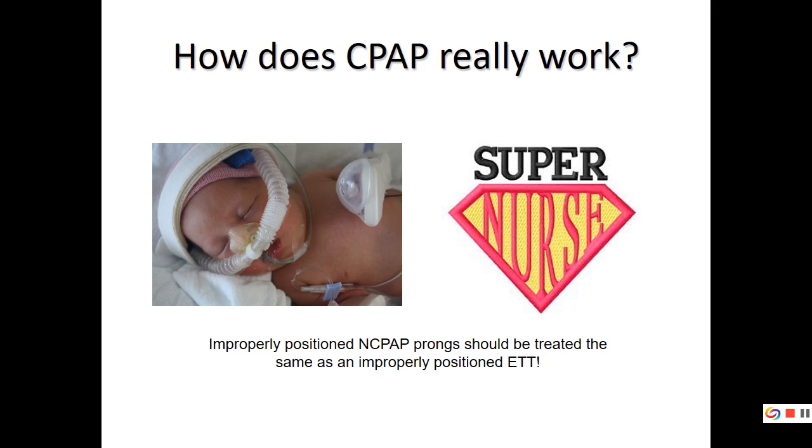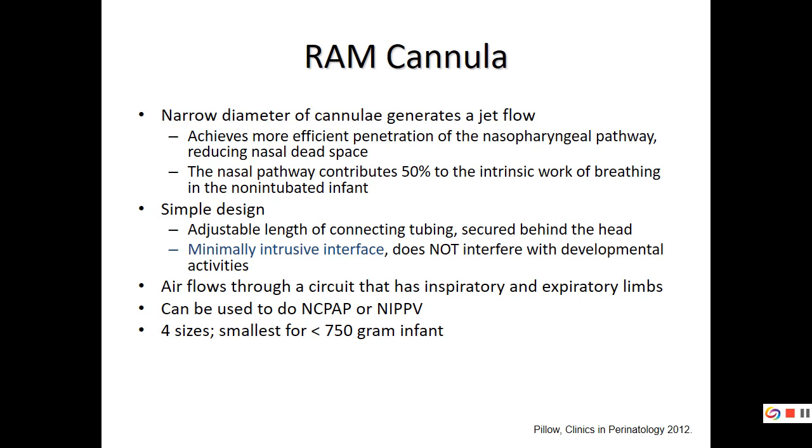If the baby's CPAP prongs are out, that baby's losing its distending pressure. And think about if that was a baby that took 4 weeks to get off the ventilator, and now you've just lost all their functional residual capacity. That's a major, major thing in that baby's life. So improperly positioned CPAP prongs should be thought of as an emergency.